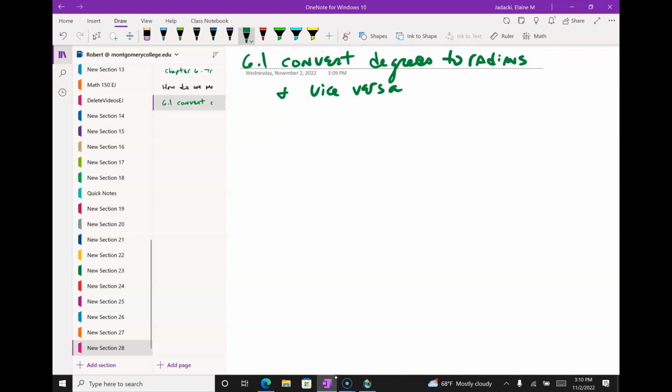So if we look at just something like 30 degrees, and again, we're always talking about a right triangle. What is it? Yes, yes, yes. But it's pi over 6. So first of all, if I know that 2 pi r is equal to 360 degrees, right?